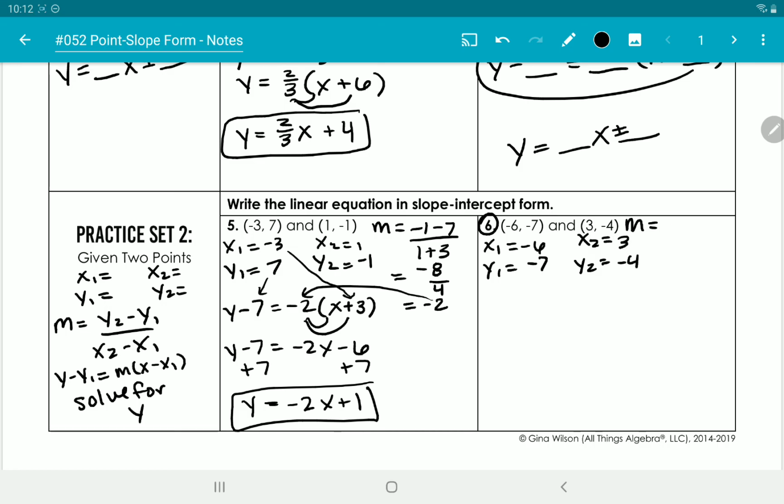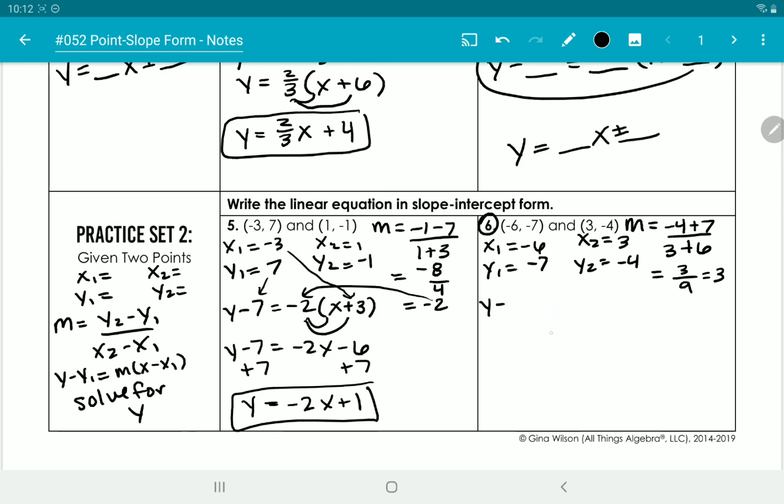So in order to find the slope, we need y2 minus y1 on top. So -4 minus y1, minus -7 changes to +7, divided by x2 minus x1. x2 is 3 minus -6, minus -6 changes to +6. Gives us 3 divided by 9, which is going to just give us 3. So our slope is 3.